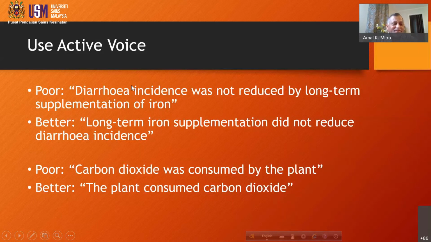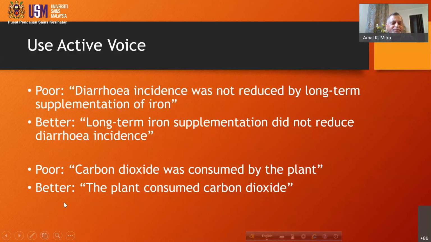They suggested I use an active voice. So I wrote back, long-term iron supplementation did not reduce diarrhea incidence. So please use these kinds of statements and examples to write good English and try to write in active voice.